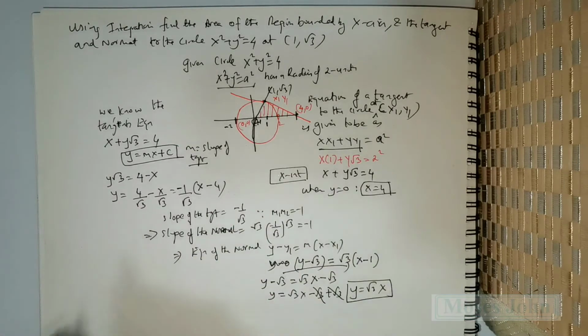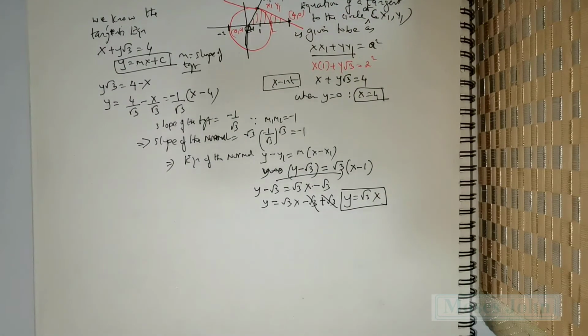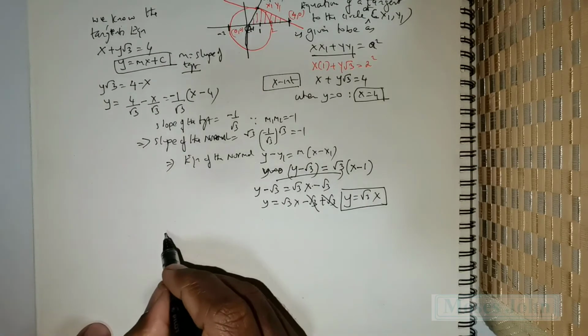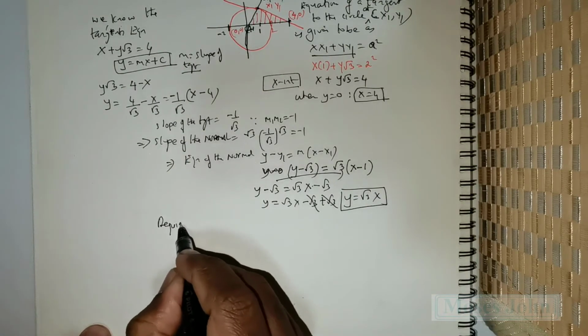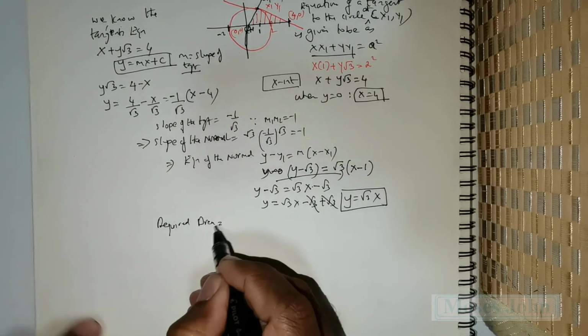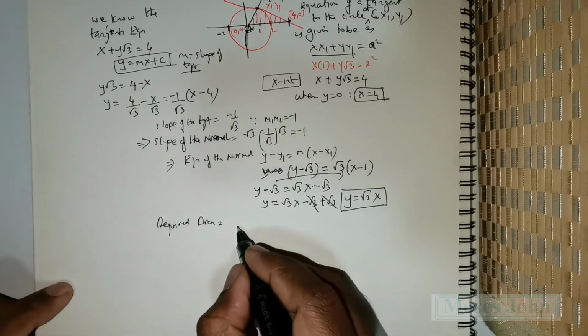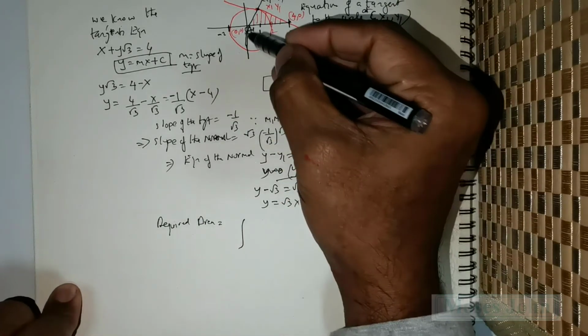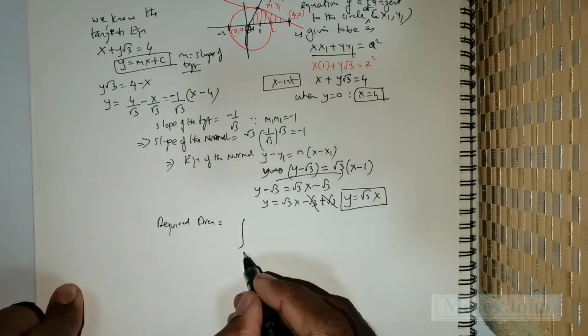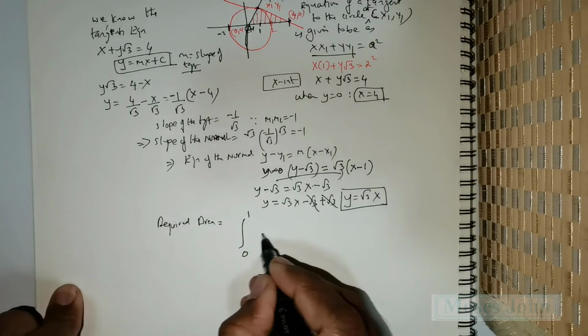Now all I need is to find the region that they are enclosing. So the required area is going to be equal to, what I will do, I will integrate along the line. So that would be 0 to 1.